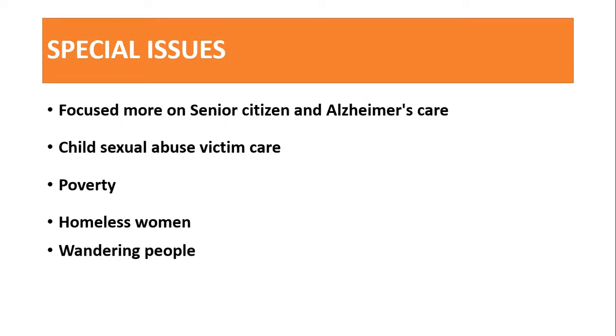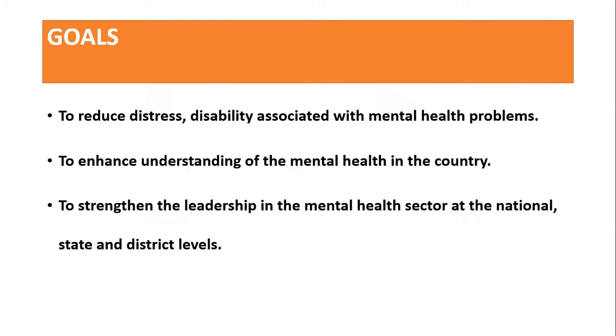Special issues focused more on senior citizens and Alzheimer's problems, child sexual abuse victim care, poverty, homeless women and wandering people. So this policy gave more importance to these groups: senior citizens, Alzheimer's, child sexual abuse victims, those facing poverty or under the poverty level, homeless people, especially women, and wandering people.